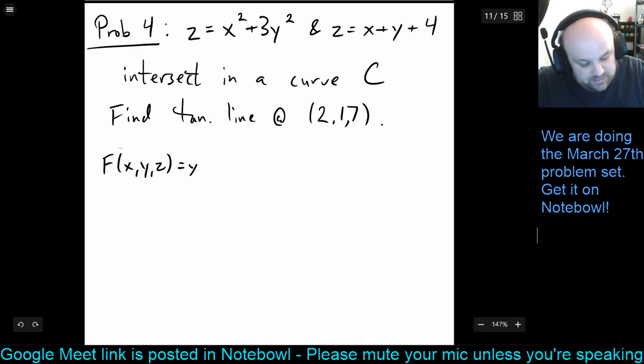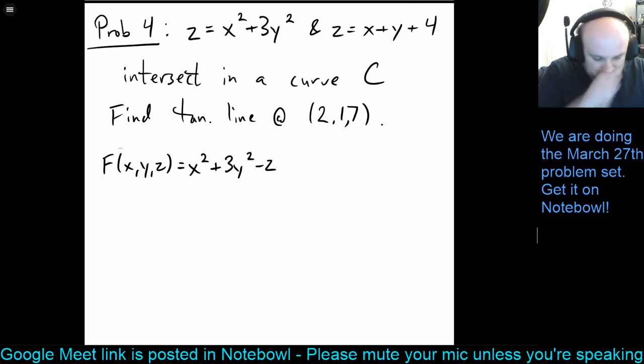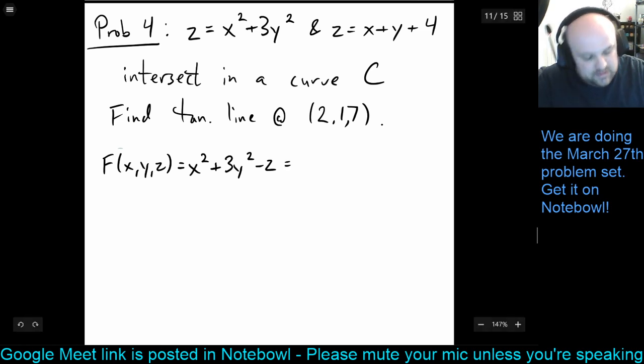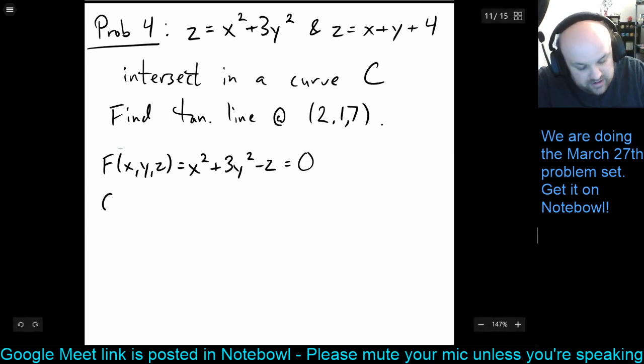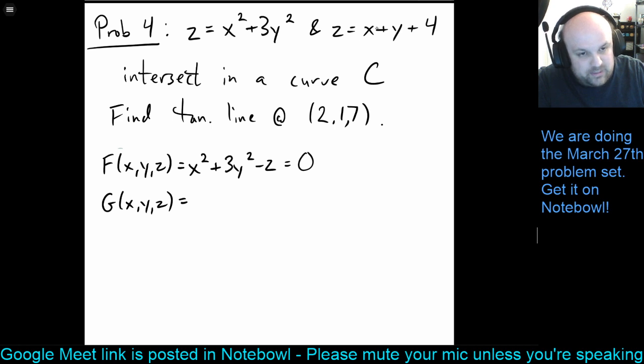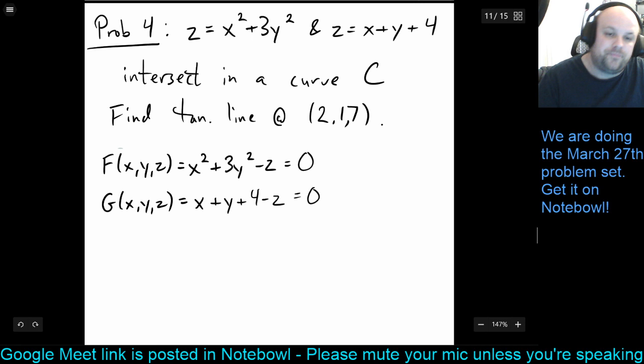So f of x, y, z would be x squared plus 3y squared minus z, and the surface we'd be looking at is when that equals 0. And then g of x, y, z: take the plane equation and move everything to one side. So we could say x plus y plus 4 minus z, and then that would equal 0.